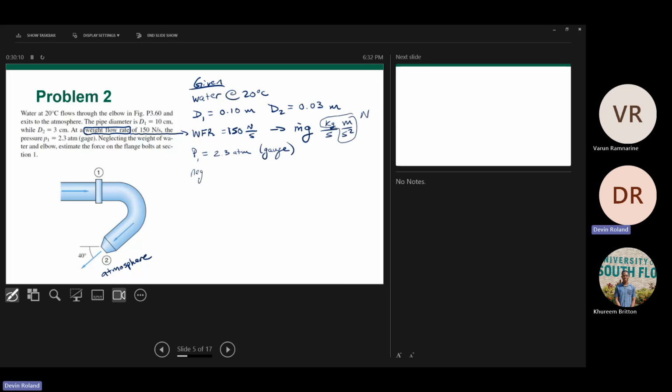It says neglect the weights of water and elbow, just to make it simpler. And it wants us again to find the force in the bolts. I'm just going to say it's FB.